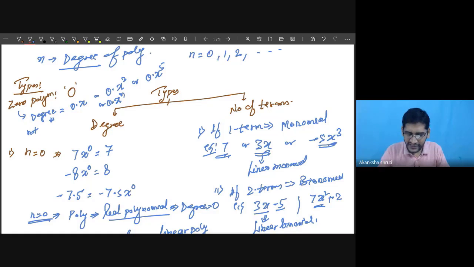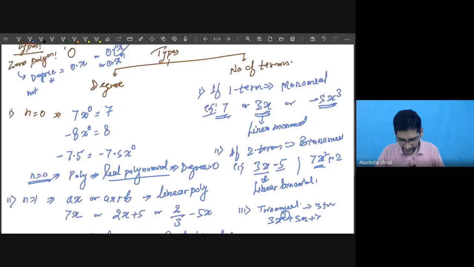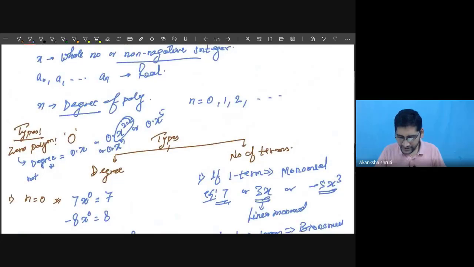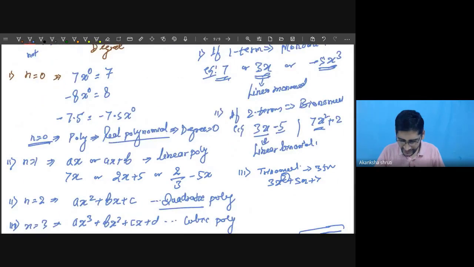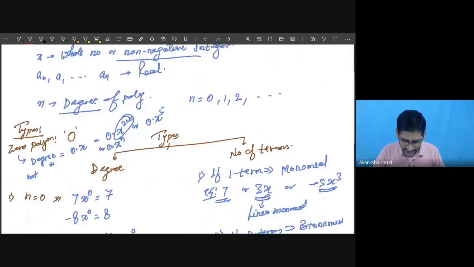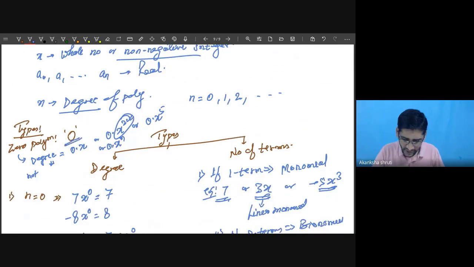Because if you take this one and say the degree is 2, then that will violate our quadratic polynomial definition. Okay, so that's why we always state, say for the quadratic or linear, this a value should not be 0. Getting? So such a polynomial whose value is 0, or which is just 0, its degree is not defined.